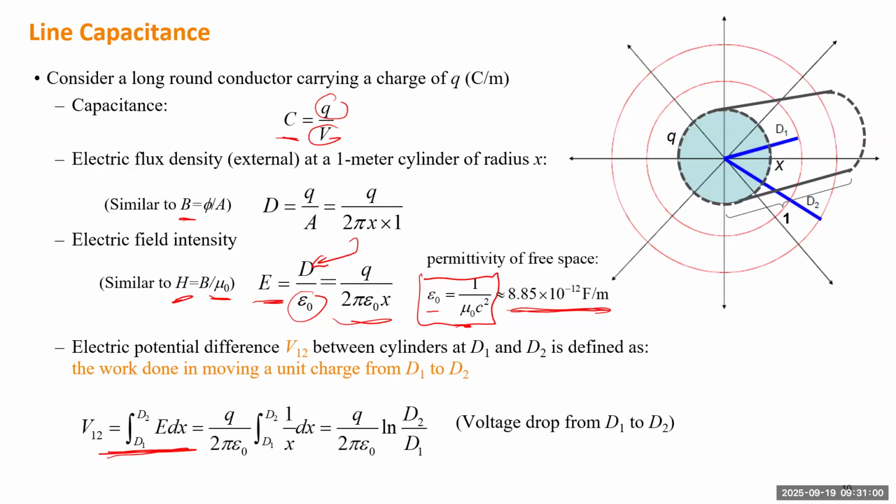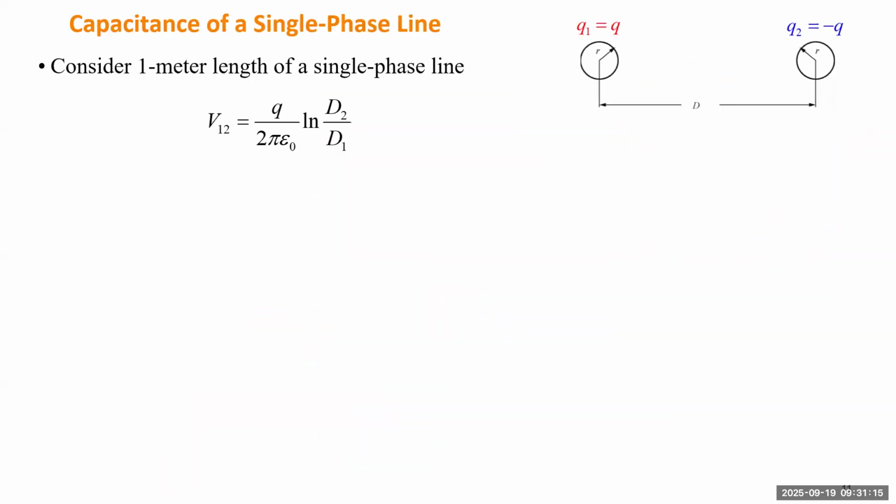You just plug in this formula here and solve this integral, and you will get this one. So this one tells the voltage drop from D1 to D2. Then we're ready to use this to continue to study the capacitance.